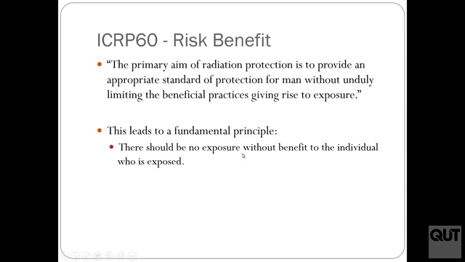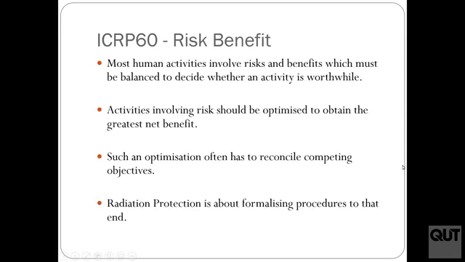The fundamental principle is there should be no exposure to radiation without there being a benefit to the individual who's exposed. Most human activities involve risks and benefits, which need to be balanced to decide whether an activity is worthwhile. For example, you drive to the shop, so there's a risk driving to the shop, but you need food, so the benefit is that you're going to get food.